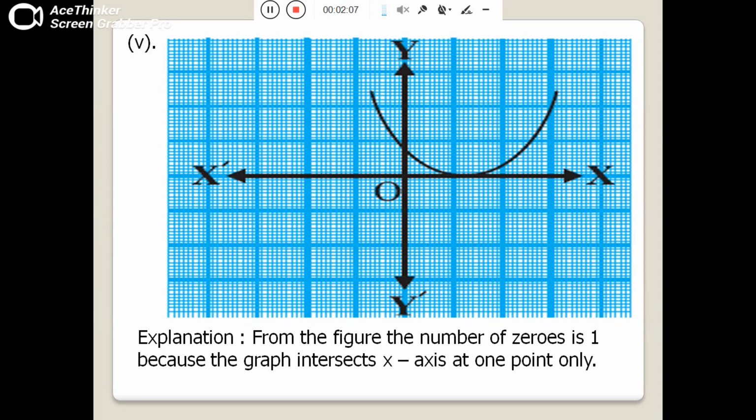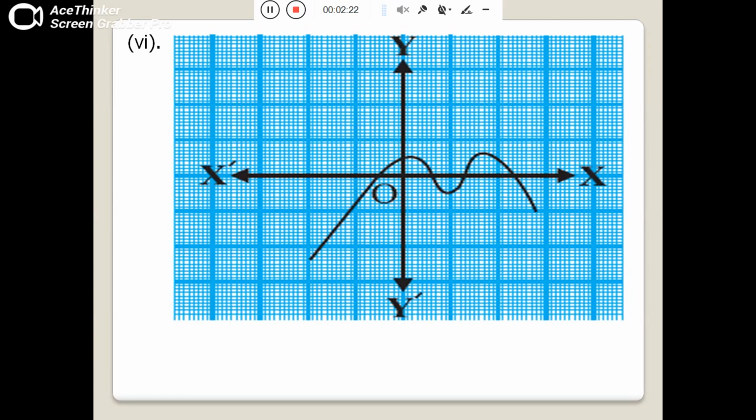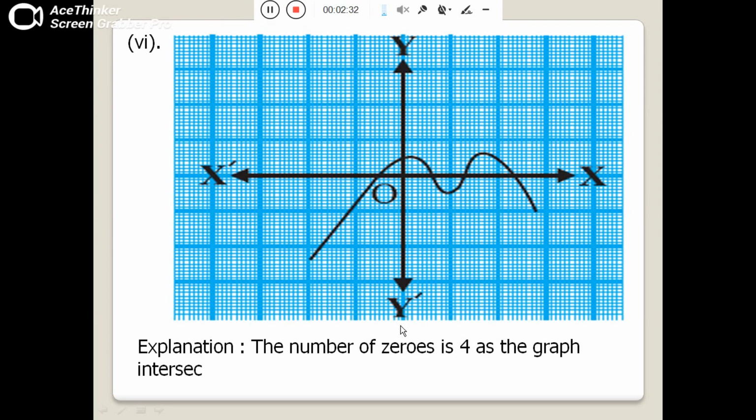You have to see at how many points the line intersects the x-axis. That will give you the number of zeros. Okay, see example number 6. In this graph, at how many points does the line intersect the x-axis? Just count 1, 2, 3 and 4. Therefore, the number of zeros is 4, as the graph intersects the x-axis at 4 points.